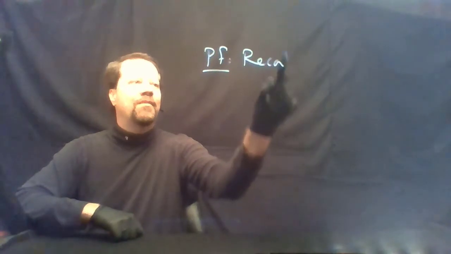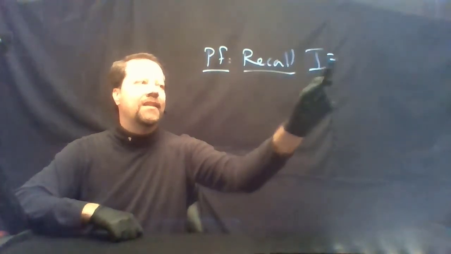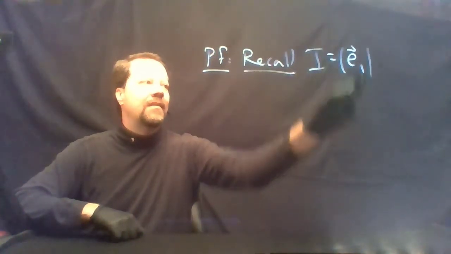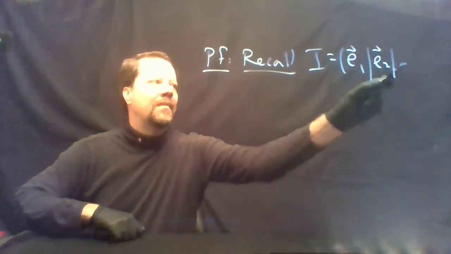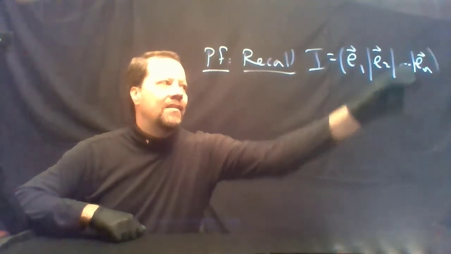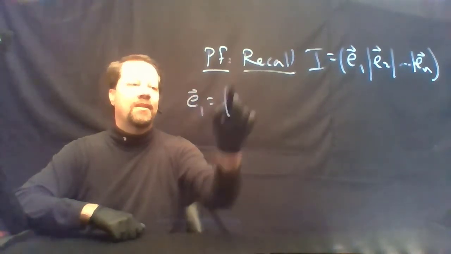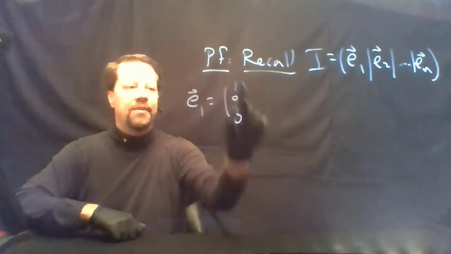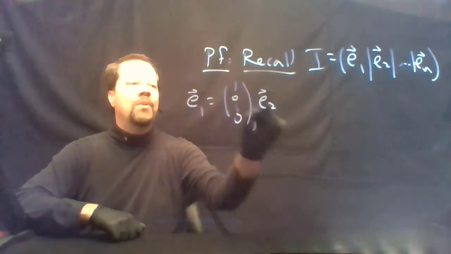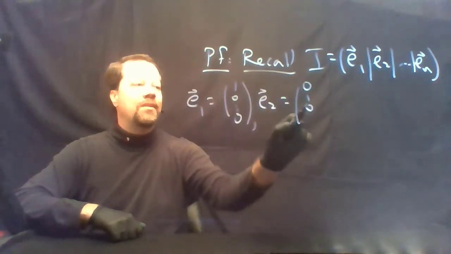The proof of Cramer's rule is kind of elegant. First of all, recall that the identity matrix is E1, E2 through En, where E1, you'll recall, is 1, 0, zeros, E2 is 0, 1, 0, and so on.